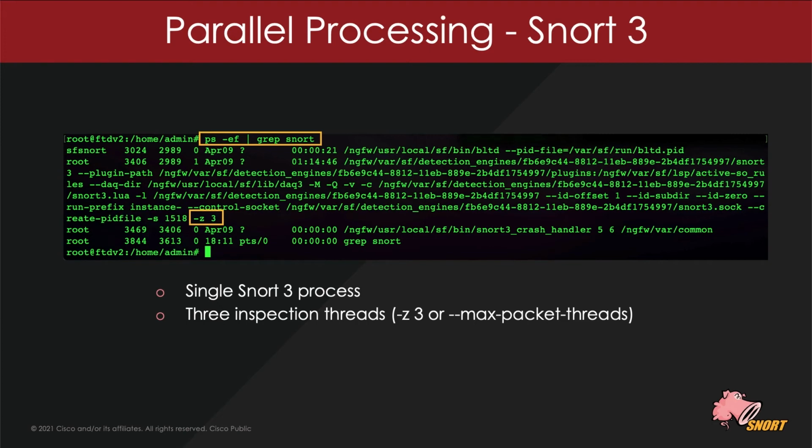We understand there's elephant flow issues with keeping each flow on its own CPU. But at this time, this iteration of Snort 3, that's how this works. Look for some changes later down the road. We don't know how long, but that is definitely something that is on the top of the list as far as addressing faster processing of those elephant flows by leveraging multiple CPUs for a flow.